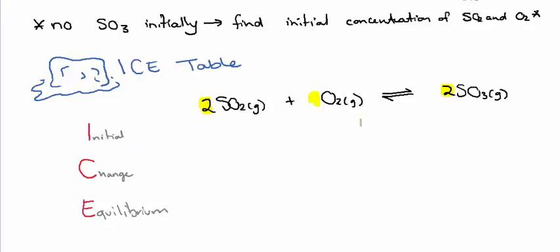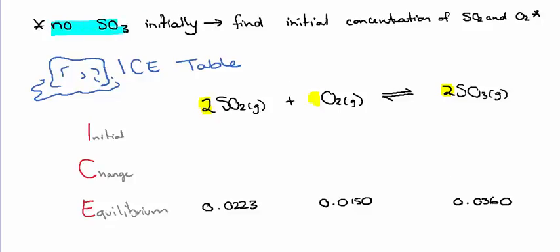Once we've done that, we need to populate the table with the information that we have been given in the question. In this situation, we were told the equilibrium concentration of all three substances. The question told us that the equilibrium concentration of sulfur dioxide was 0.0223, the equilibrium concentration of oxygen was 0.0150, and the equilibrium concentration of sulfur trioxide was 0.0360.